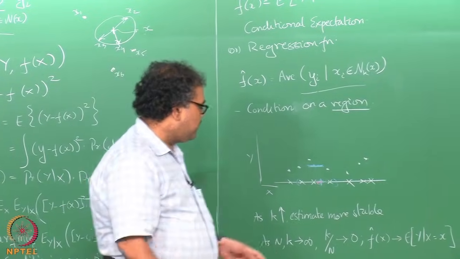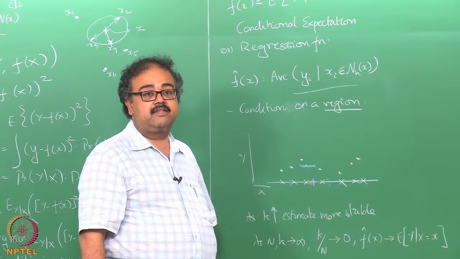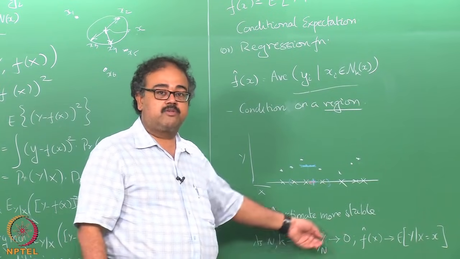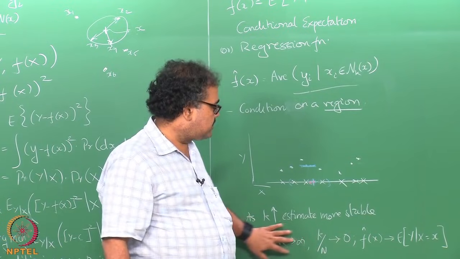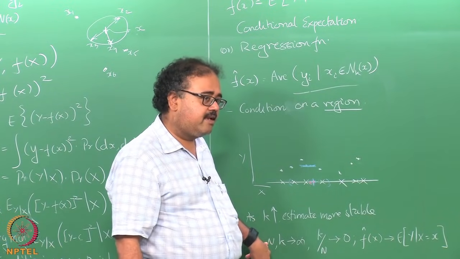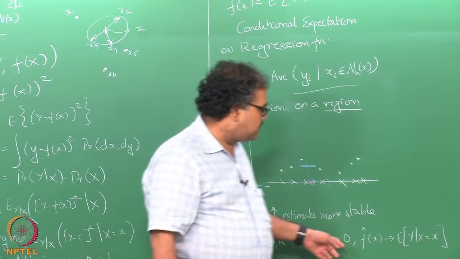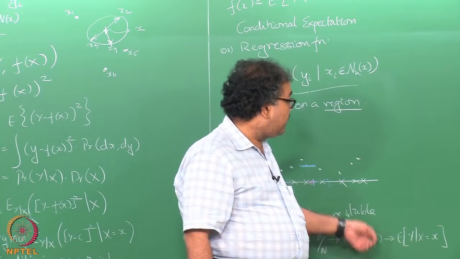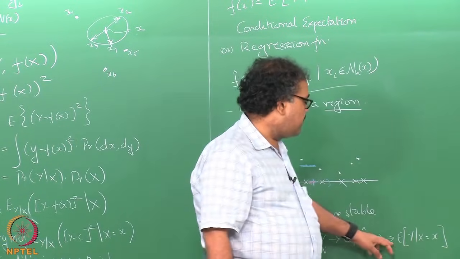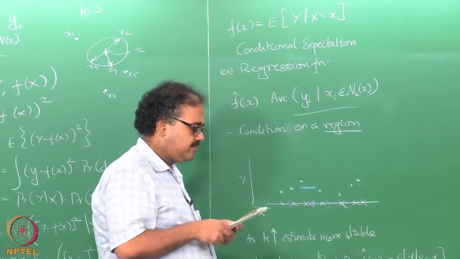In particular, as k and n become large, that is, my number of data points is very large, and so the number of points I can look at in the neighborhood also becomes larger and larger, such that of course, the data points have to grow at a faster rate than the size of the neighborhood. That is what k by n means. In which case I can show that my actual prediction I make using this average actually approaches the true prediction that I am interested in, right.